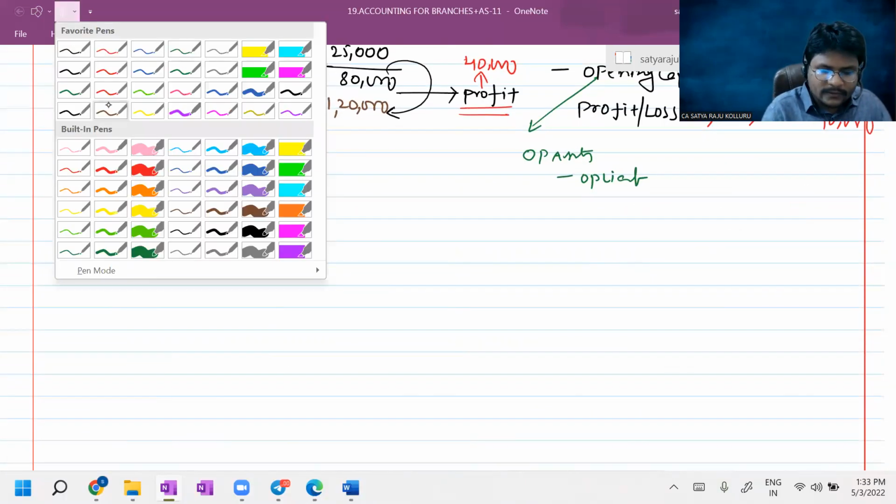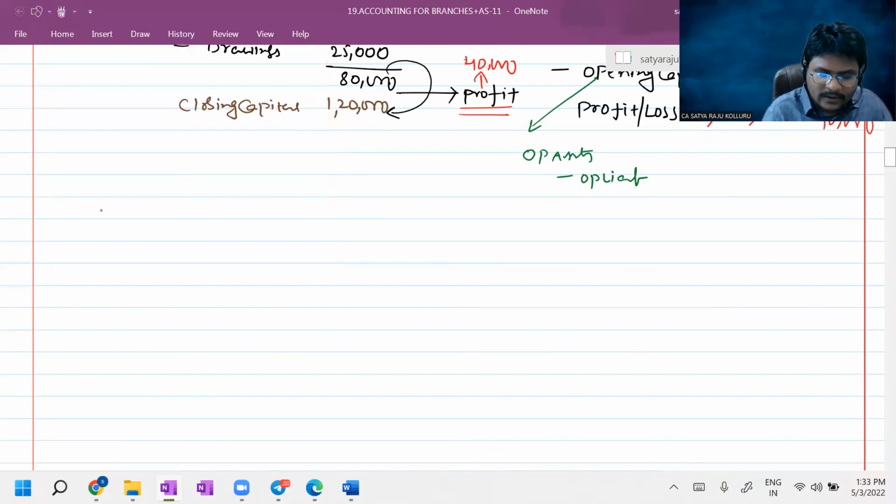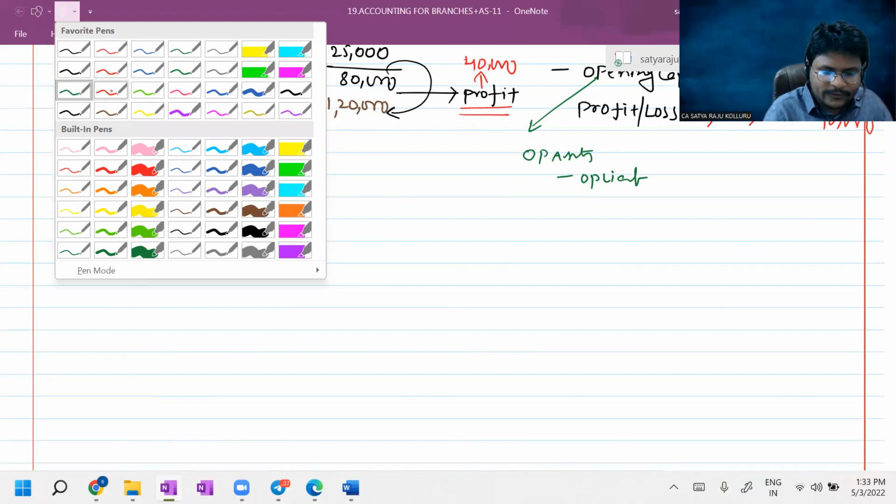Now I'm discussing the continuation of the debtors method, steps approach.